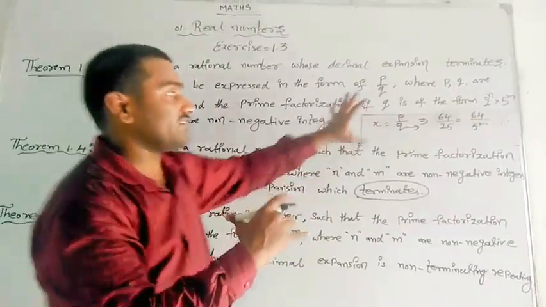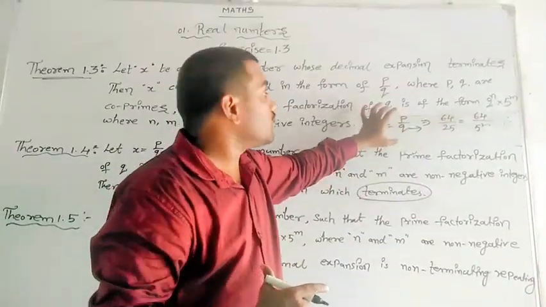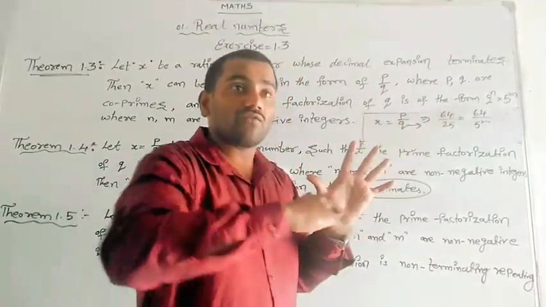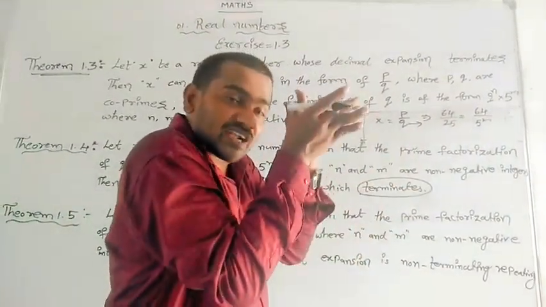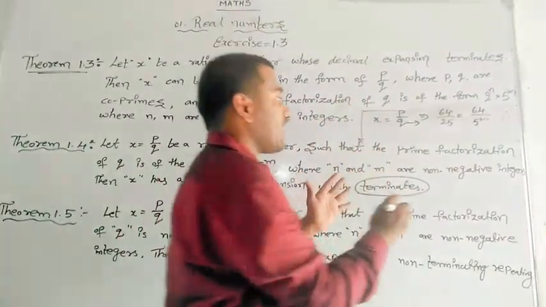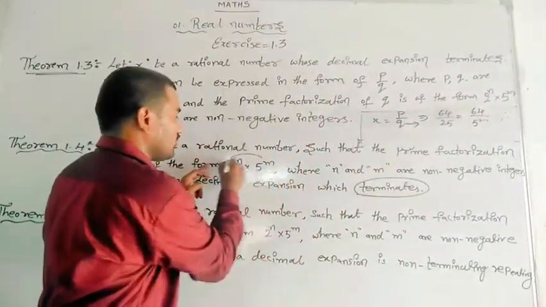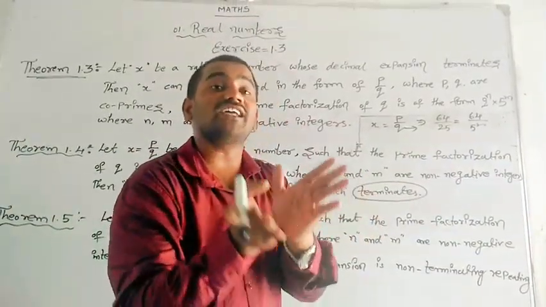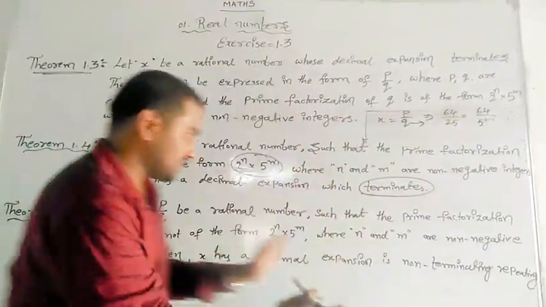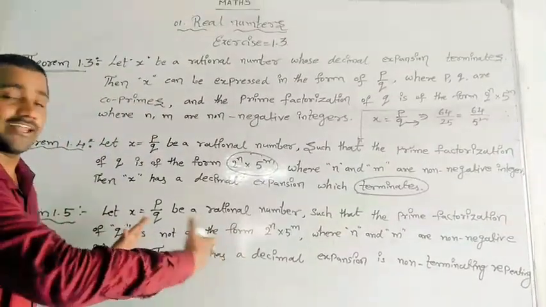Here we have taken one fraction, and from that we have factorized the denominator q. If that factorization of the denominator is in the form of 2 to the power of n into 5 to the power of m, then it is a terminating decimal number, or else it is known as a non-terminating decimal number.